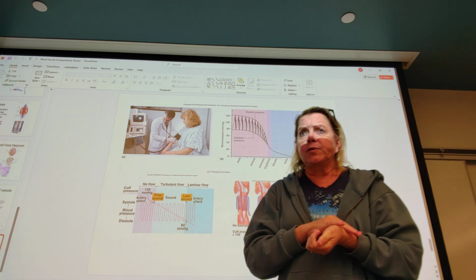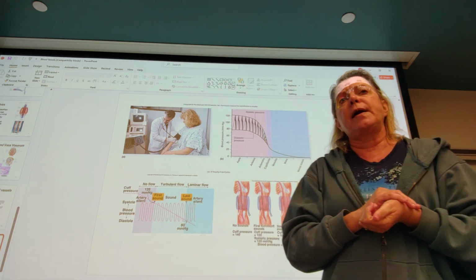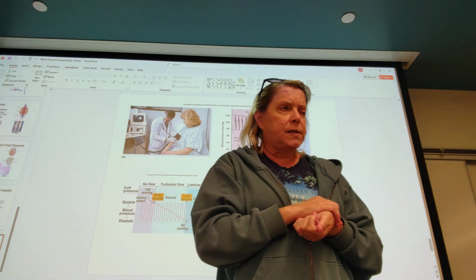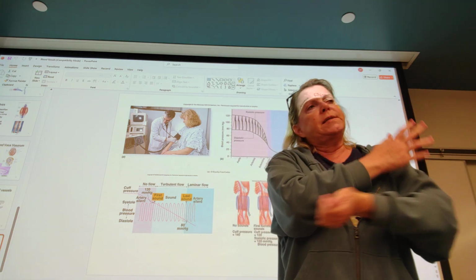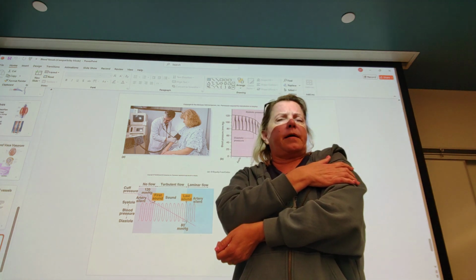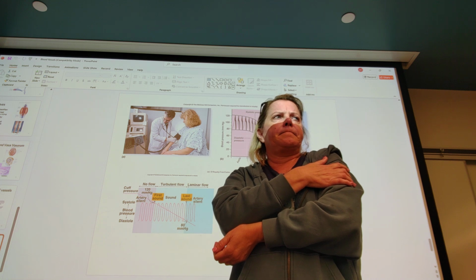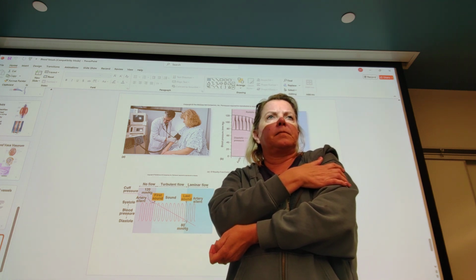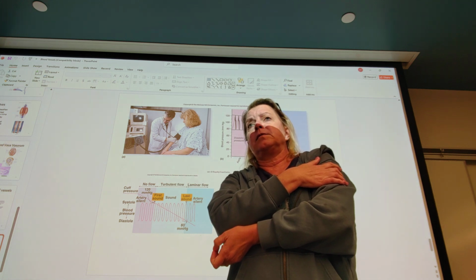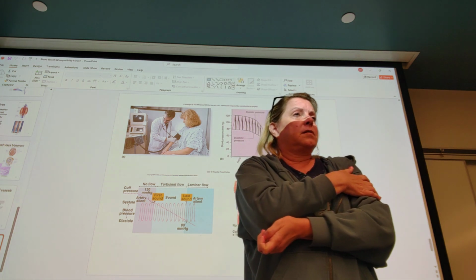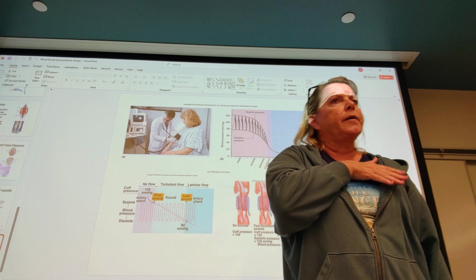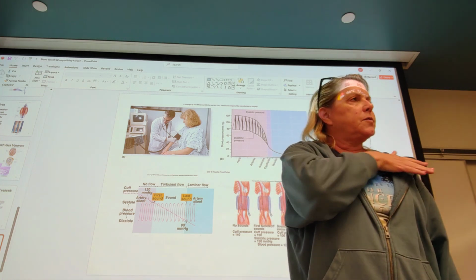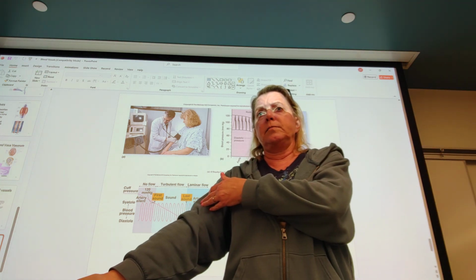There's also the palpatory method, and I hope you learned that in physiology. Why do we take blood pressure from the left arm? Traditionally. Closest to the heart. Could we take it from the right arm?